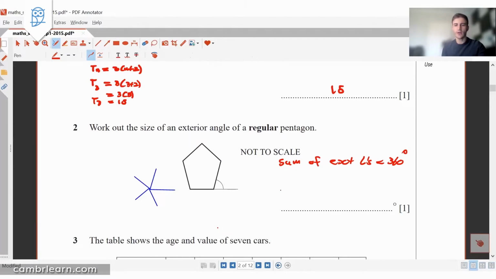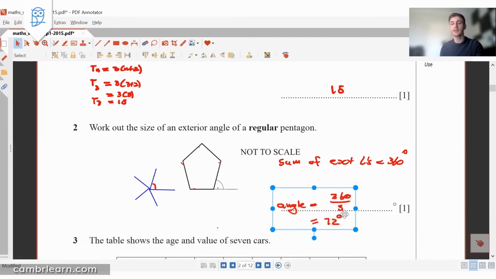That means this angle will be equal to 360 divided by how many angles there are. We have 5 exterior angles, so we're taking 360 and dividing it by 5. I think that's 72, if I'm not mistaken. Yes, indeed, it is equal to 72 degrees.